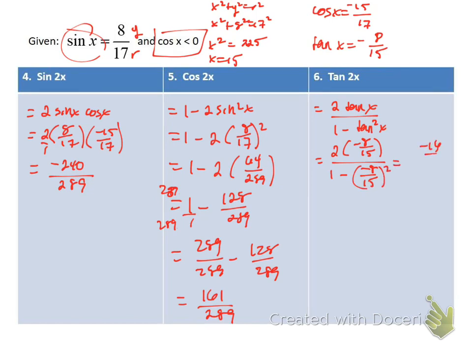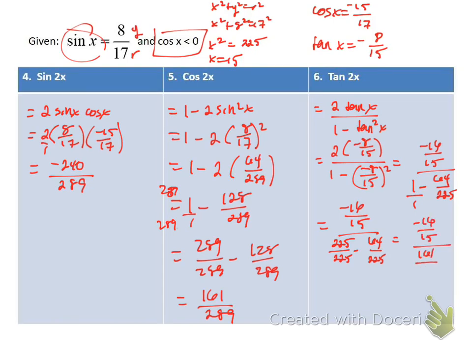So we get negative 16 over 15 over 1 minus 64 over 225. So negative 16 over 15 over, getting the common denominator here, would get us 225 over 225 minus 64 over 225. Right, which is 161 over 225.